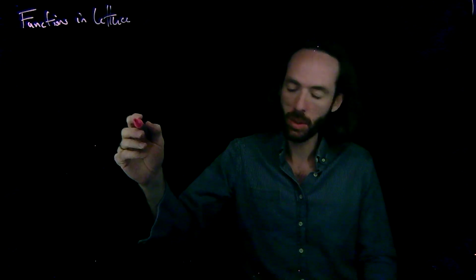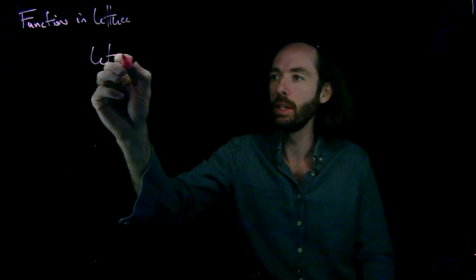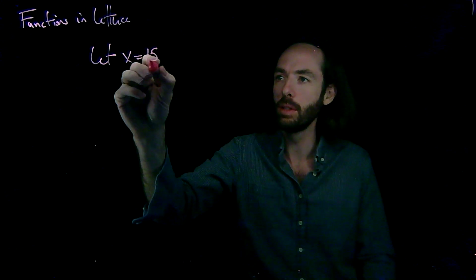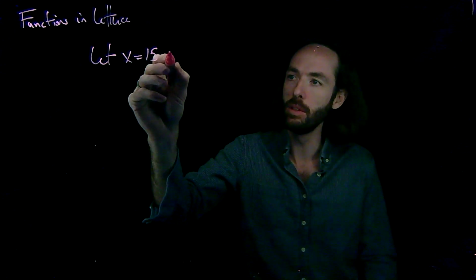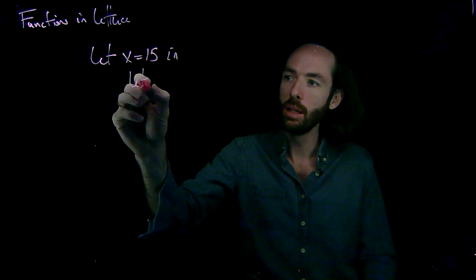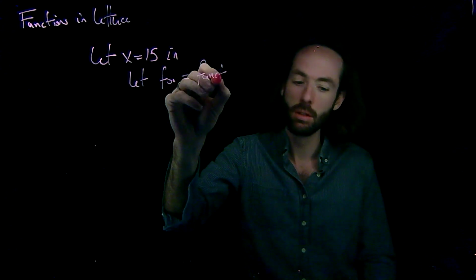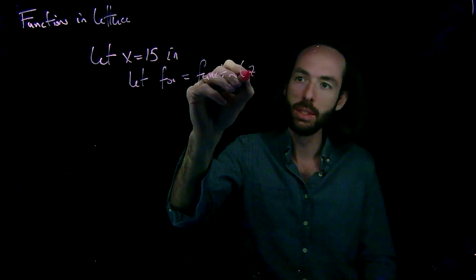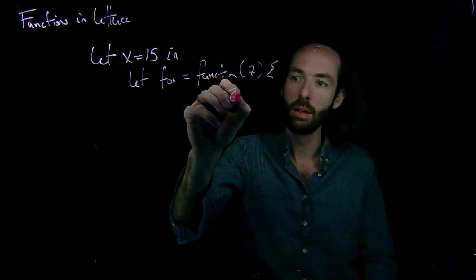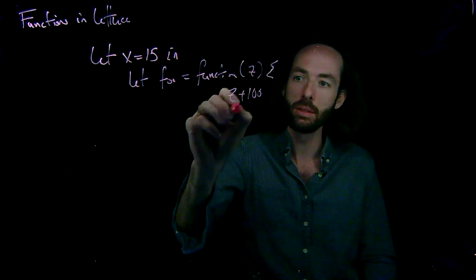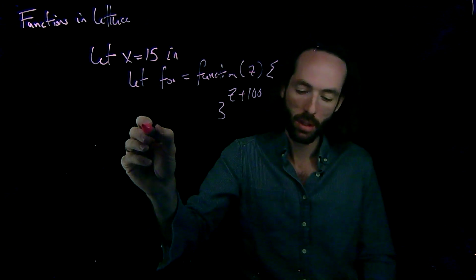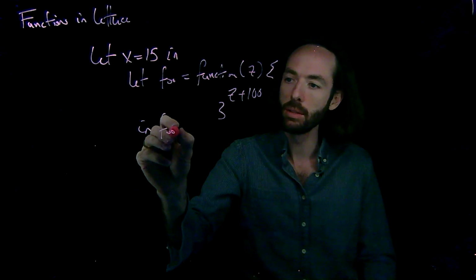So what we're going to want for our concrete style is something that'll look like this, right? Let x equal 15 in let foo equal a function of z, and then we'll have braces that close in foo of x.